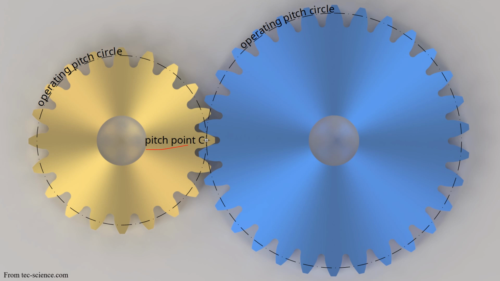So the analogy that we made earlier corresponding to rolling cylinders is mapped right here at pitch point C. You can assume this dash-dot line, which is the operating pitch circle, to be one cylinder, and the operating pitch circle of the blue gear to be another cylinder, engaged exactly at point C. So even though we have used the geared profile here, we can still make the analogy that we made earlier when we discussed rolling cylinders in earlier discussions.